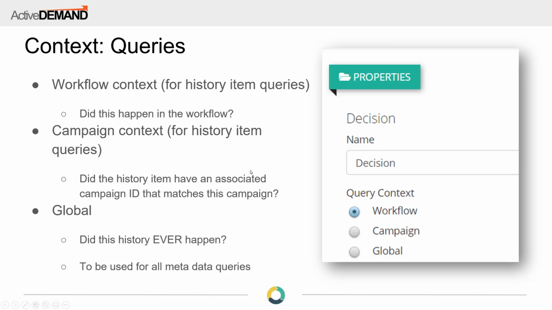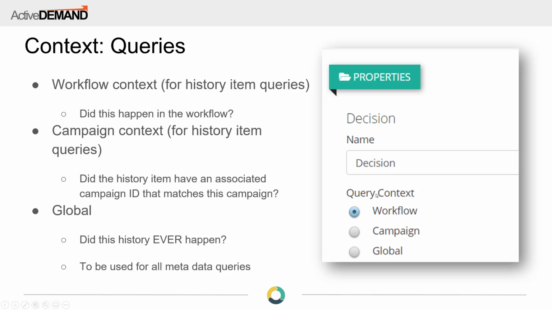Now, the second part of the workflow context that we'll be using is the query. Right? So again, the context is available to us throughout the entire workflow. So one use case is using queries to check that context. So on decisions within a workflow, you will often see this query context.